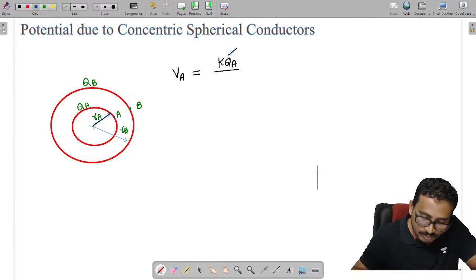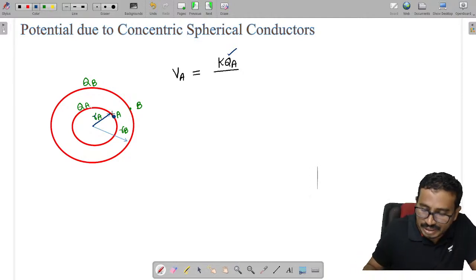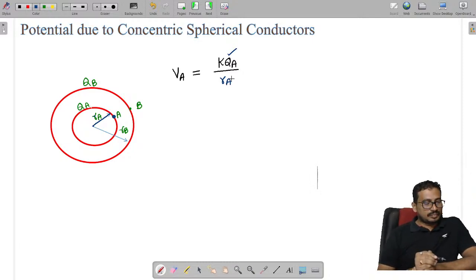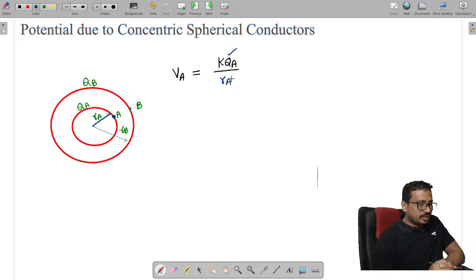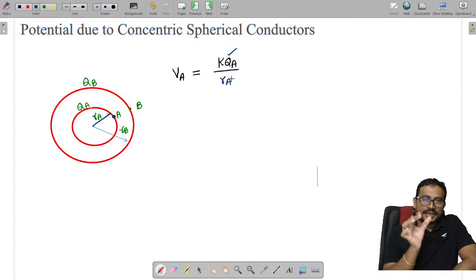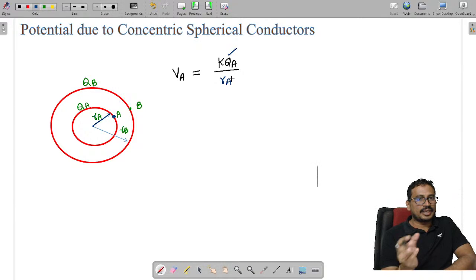At this point, the radius of the sphere and the distance to point A, both are the same or not? Both values are the same. Then what has to be taken? It is equal to RA. Is it fine, all of you? Wherever you want to find the potential and the radius RA, both values are equal, so that's why you can write RA. Is it fine now.